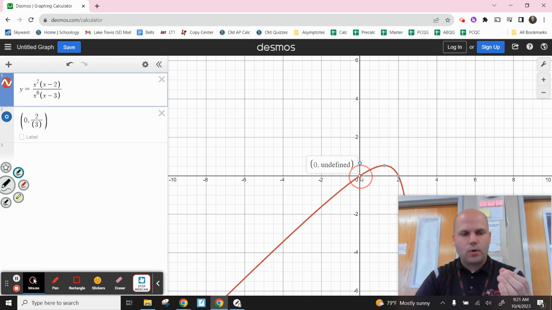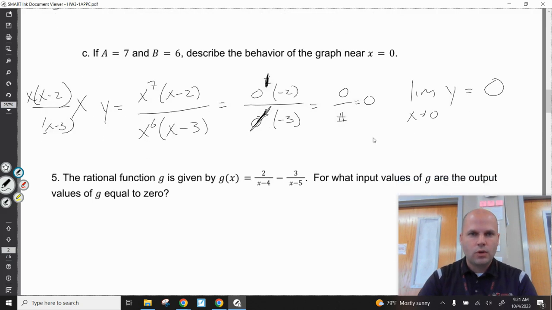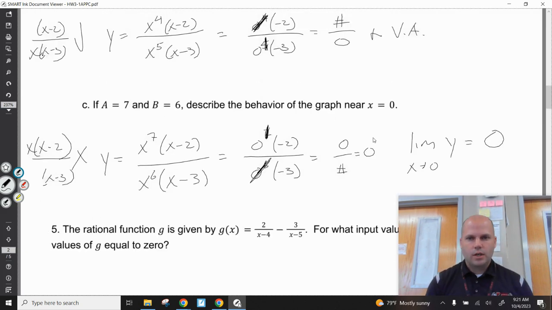This is very important. Don't simplify first, because if you simplify, you might remove the fact that you do have a hole, and the hole has a location. So this is why we're going to say this guy still has a hole, even though you think the x goes away and you don't have a 0 over 0 anymore.